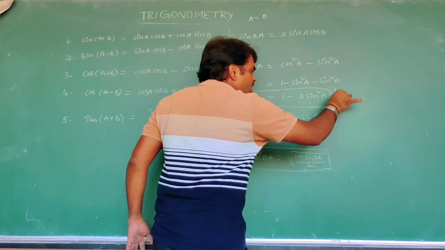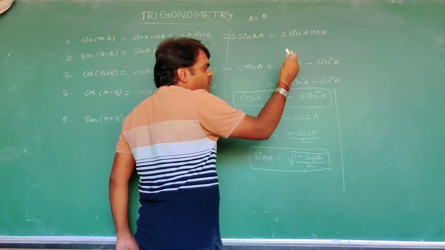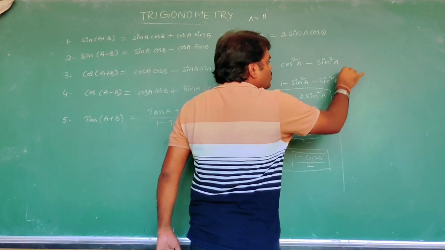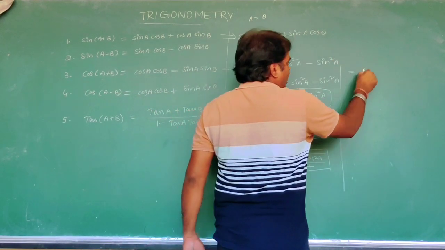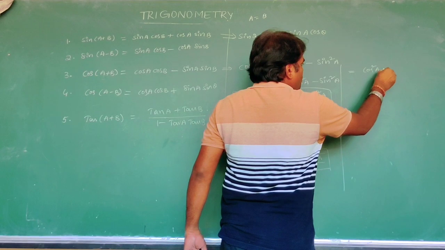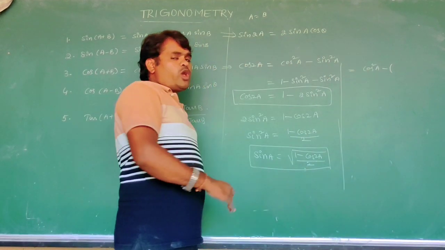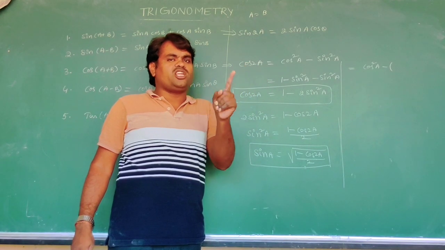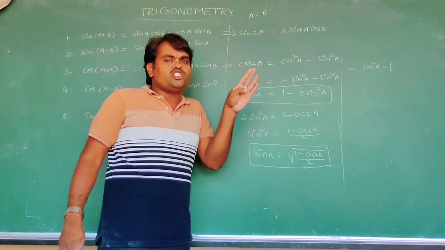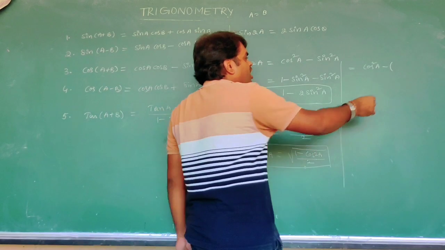Now, the same formula can be modified. That is, we write cos square A minus sin square A. In the formula sin square theta plus cos square theta is equal to 1, sin square theta equals 1 minus cos square theta.